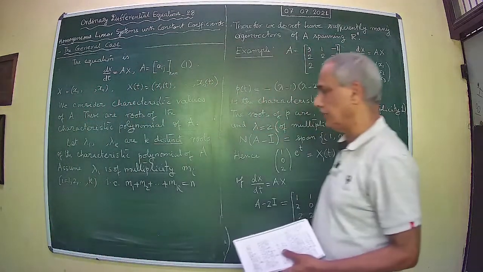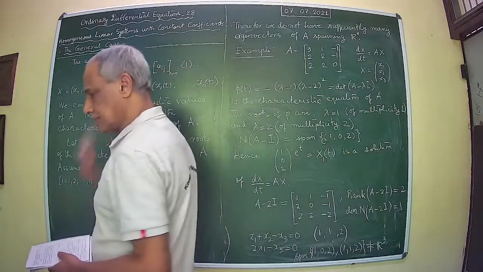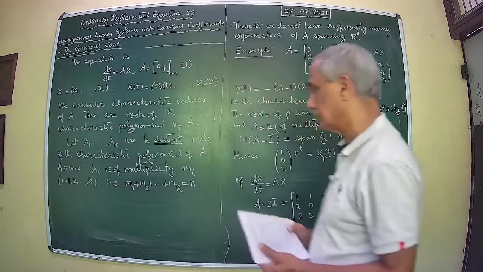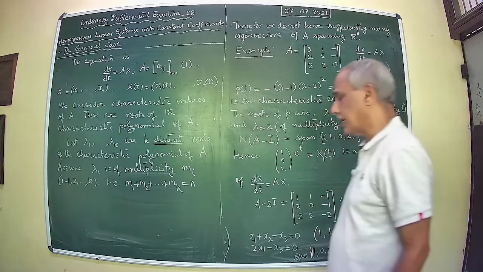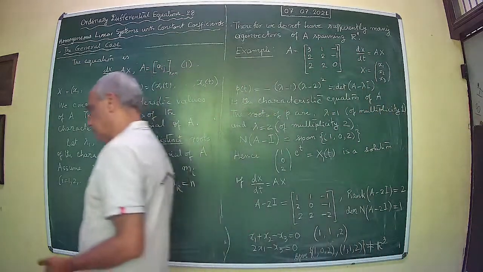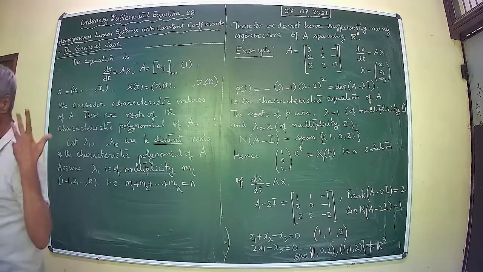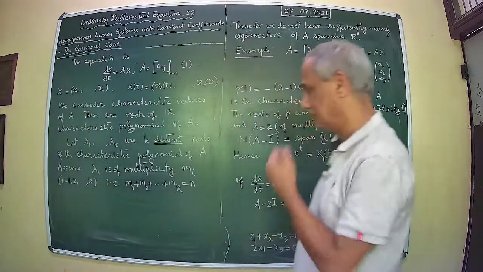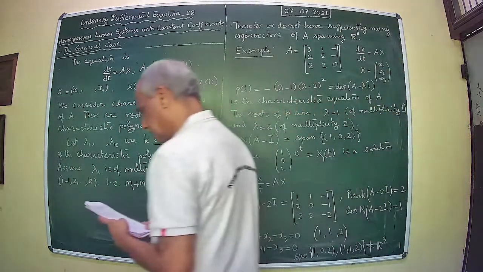This is what you have, from the general theory. We are not assuming this is diagonalizable. That means the eigenspaces, or the null spaces of A minus lambda I, will give you sufficiently many vectors to span Rn. Now this is the problem that you encounter. In that case, how do you proceed?